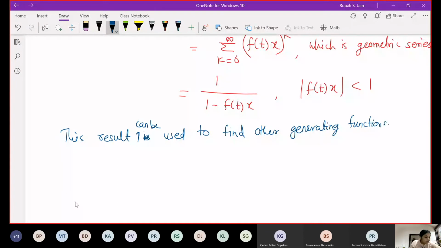For example, if we differentiate, what is ∂/∂x of this, 1 upon 1 minus f(t)x? First let me erase this.